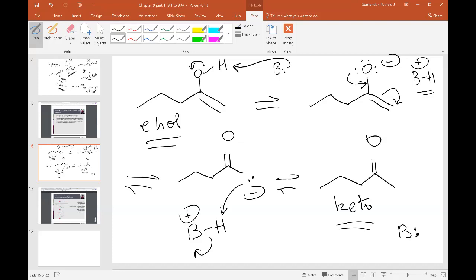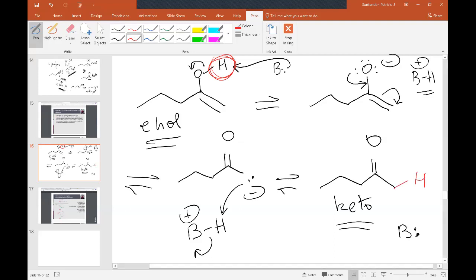In resonance structures, only the electrons are located in different positions. In the case of the keto-enol tautomerization, there is a particular hydrogen atom that was relocated in a different place. So that hydrogen atom is on the first carbon atom there, right?